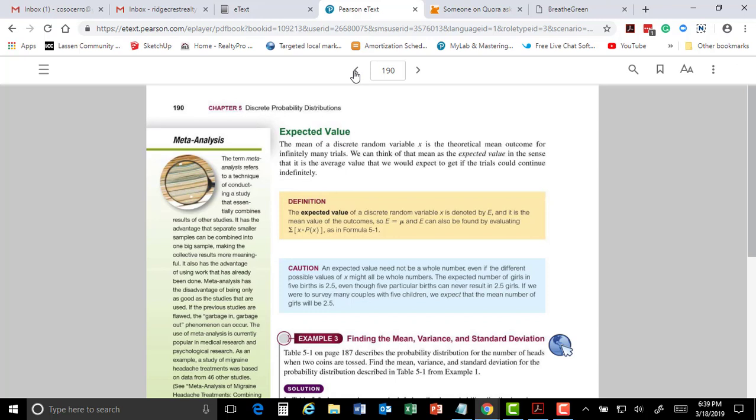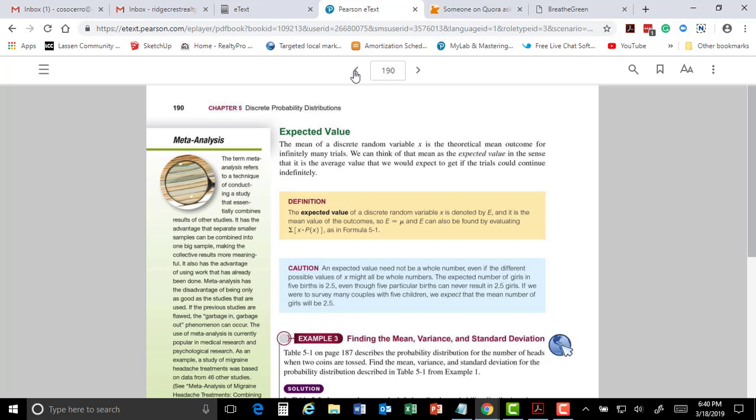So expected value is equal to each observation, remember 0, 1, 2, 3, 4 when we were talking about the number of girls, times the probability of that happening. Do you remember we had 0.125 for none, and then we went up to 0.250, and then 0.375 and back down again.